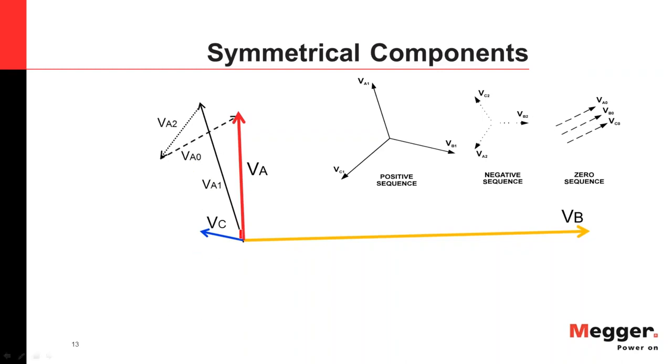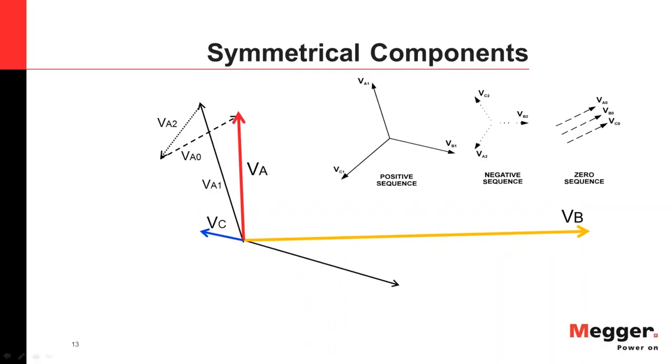If you sum them together as a vector sum, I get my vector VA. But VA is our known quantity, and we are supposed to compute the sequence quantities. We will explain in the further slides how we can deduce VA1, VA0, and VA2 from VA.